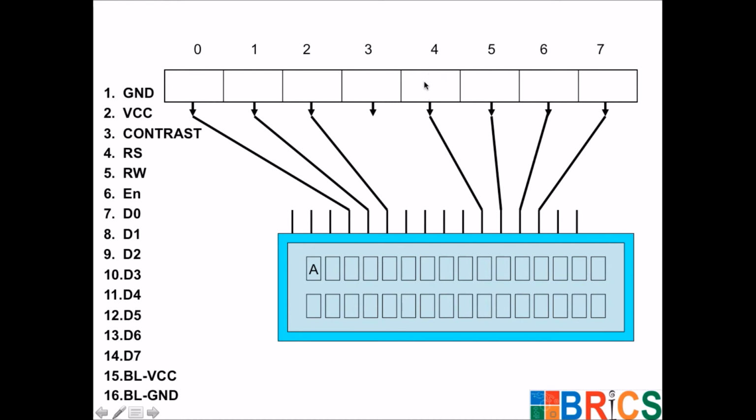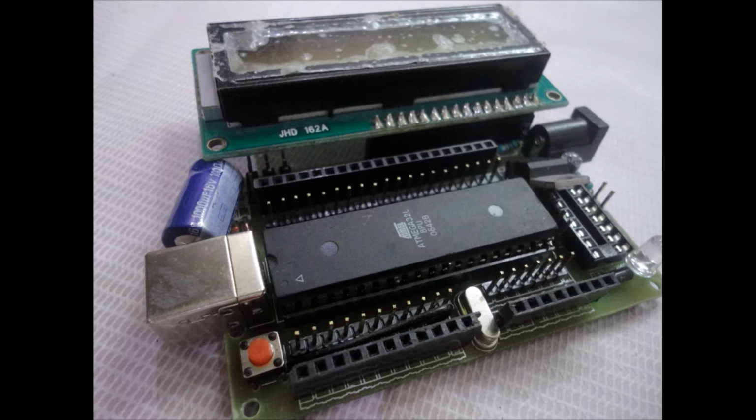Pin number 4 of the controller port is connected to the D4 pin. Similarly, pin number 5 is connected to the D5 pin. Pin number 6 is connected to D6 and pin number 7 is connected to D7. So this is the complete pin diagram which we need to connect between controller and display. In general, we can connect any pin to any pin, but this is just a general rule which can be used while connecting the display to the controller.